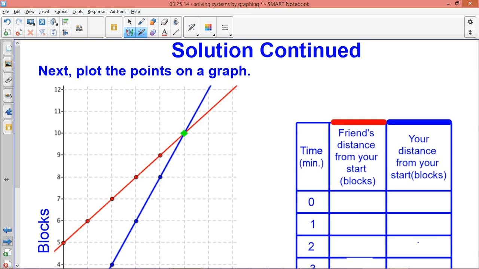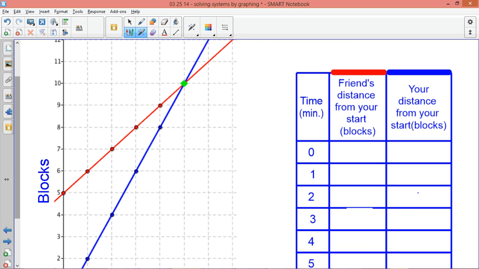So if we graph all of the solutions we just found, 5, 0, 6, 2, 7, 4, 8, 6, 9, 8, and 10, 10. Now I want to caution you, the ordered pairs that we are graphing are these, (0, 5) and then (0, 0).